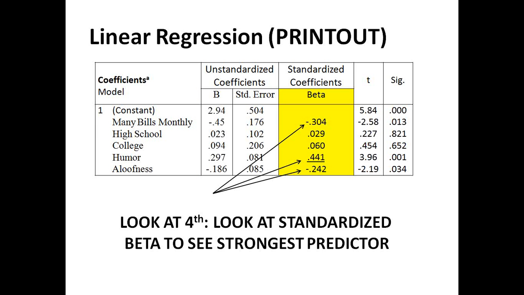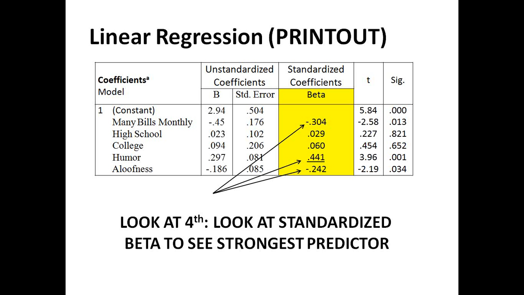Now, don't forget, we wanted to see which variable had the strongest relationship with the dependent variable. So not just significant, but which is the strongest. Now, the standardized beta coefficient indicates the strongest predictor in the model. In other words, which independent variable predicted the dependent variable the strongest.